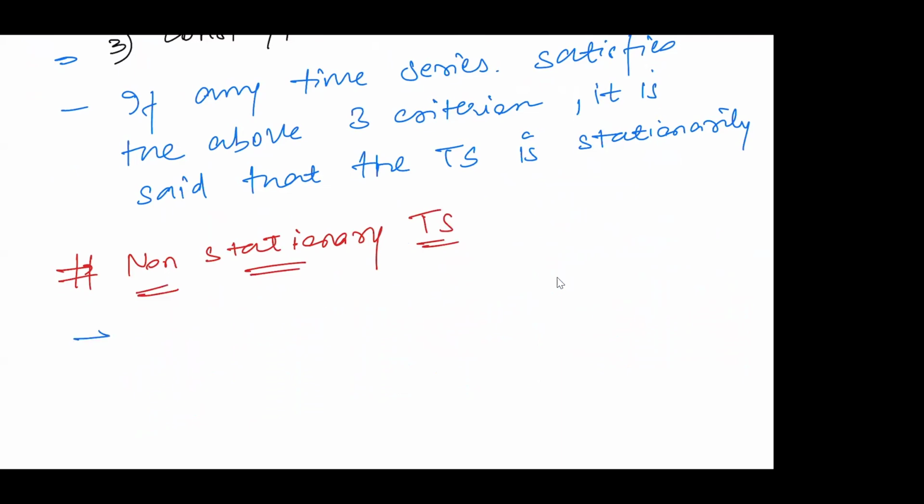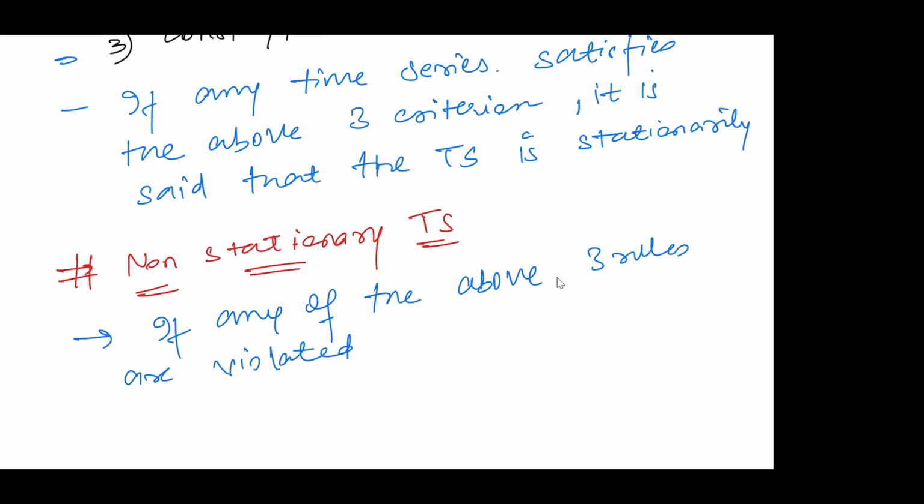So if any of the above three rules are violated, then you will say that the time series is non-stationary.